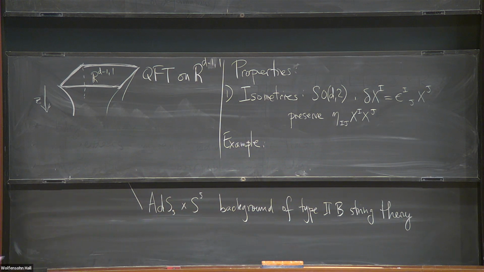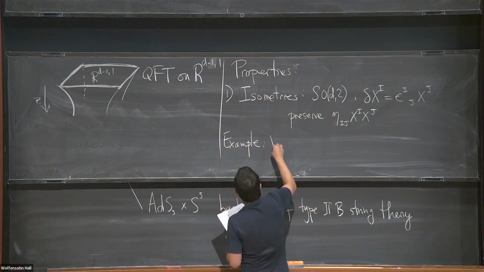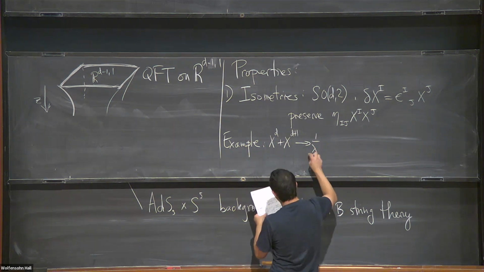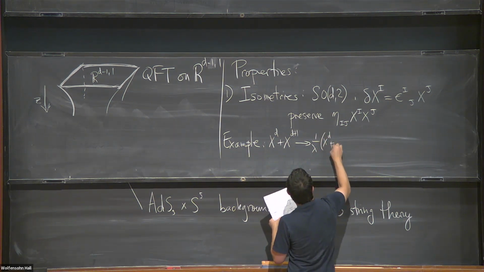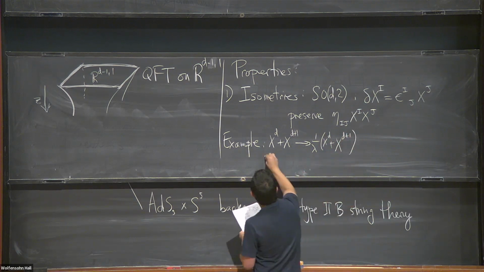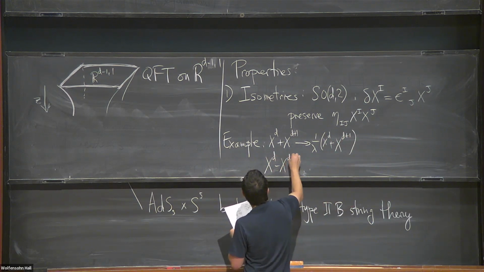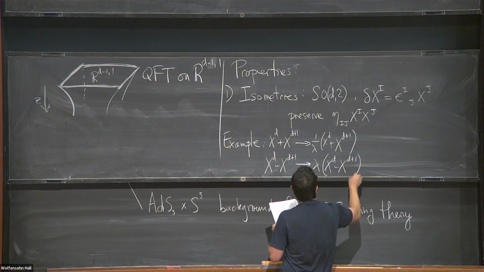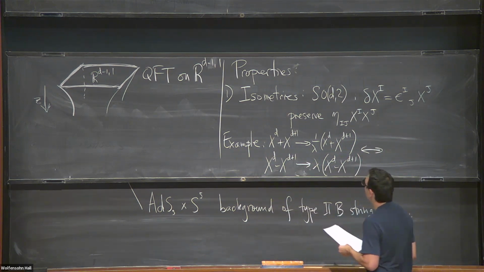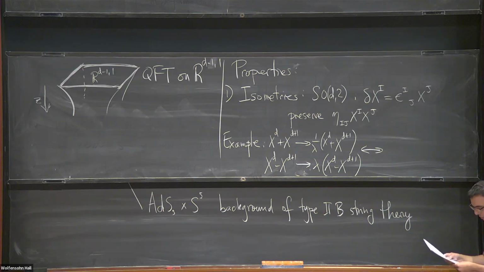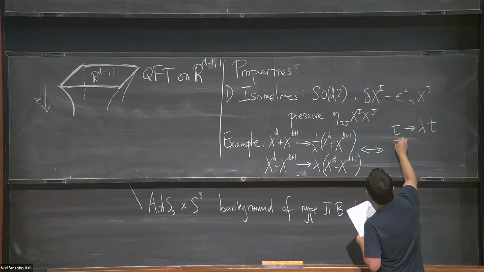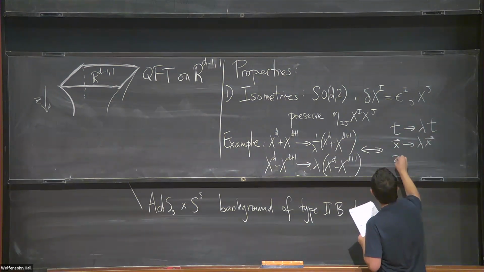A more non-trivial one is where we take x_d plus x_{d+1} and send it to 1 over lambda times x_d plus x_{d+1}, and x_d minus x_{d+1} we send to lambda times x_d minus x_{d+1}. In terms of our parametrization, this is t goes to lambda t, x goes to lambda x, z goes to lambda z.